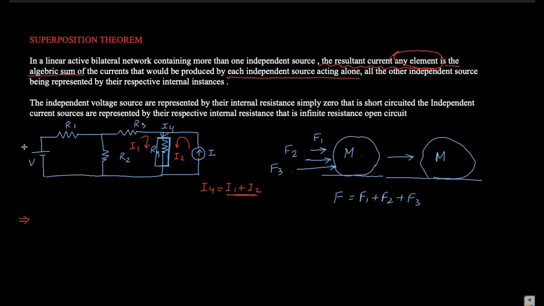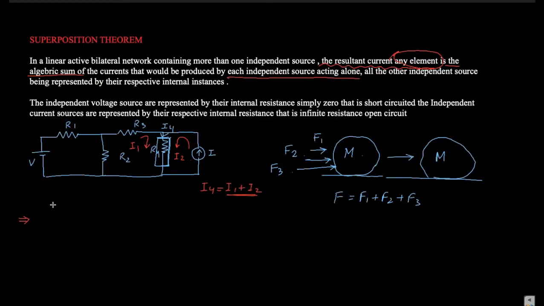This is an independent source and this is another independent source. I1 is due to the supply V, and I2 is from the supply I. The algebraic sum of these two gives you the total current flowing through any element, here R4.